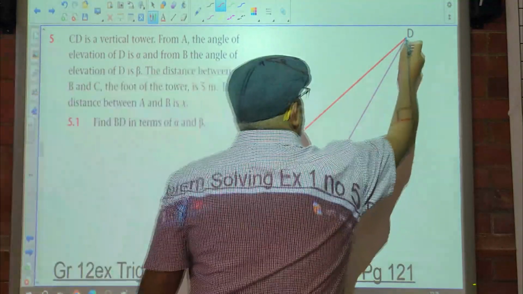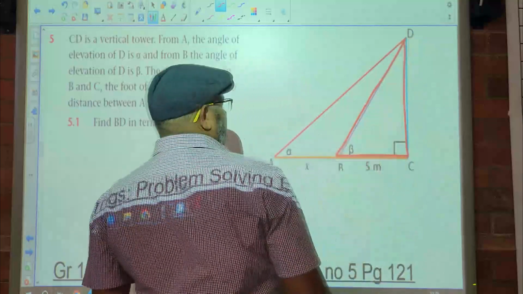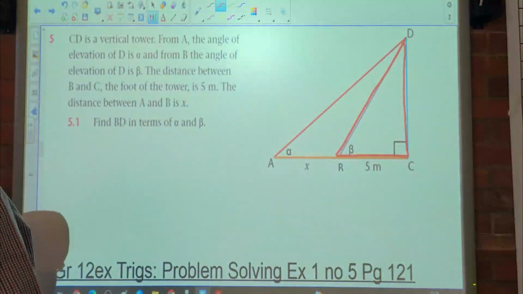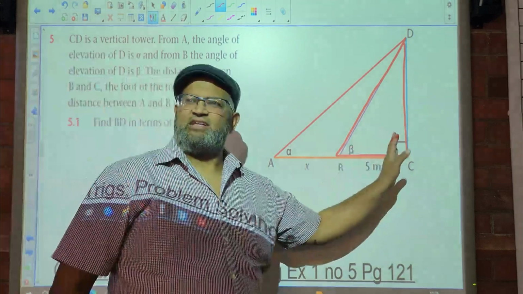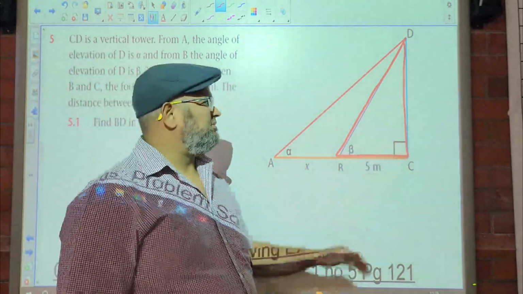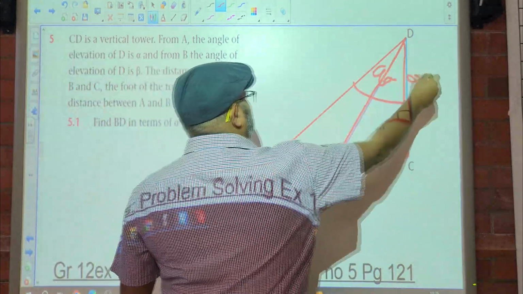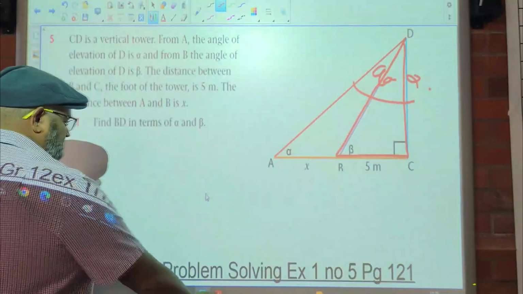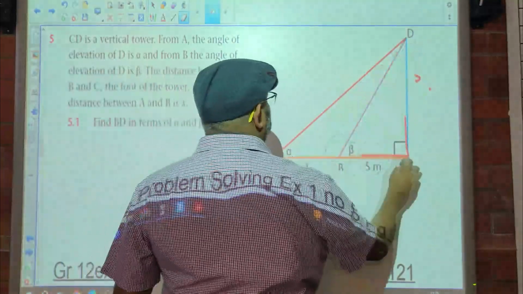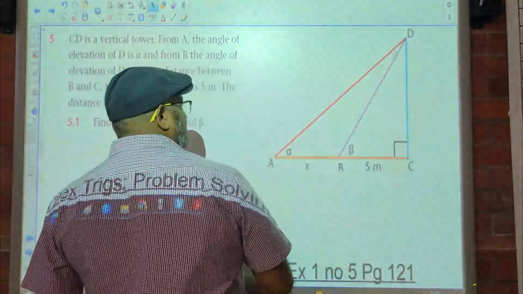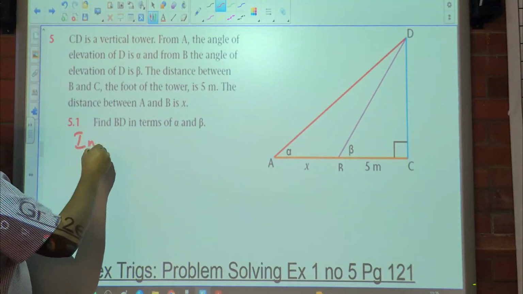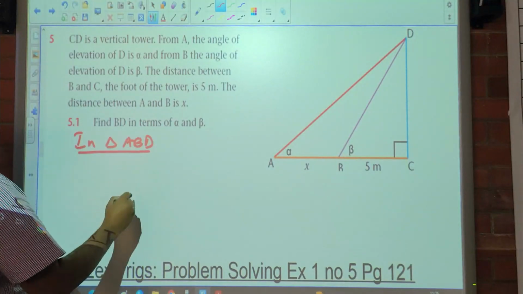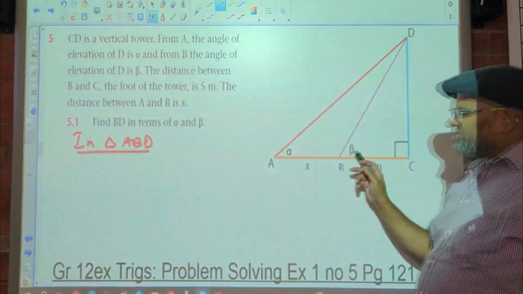Now, if you're looking at this triangle here, will I be able to pick up alpha in that triangle? No. Remember, this whole angle is 90 degrees, so it's not going to help us. So I'm in fact not working with that triangle. Can you see that? It's definitely triangle ABD. So in triangle ABD, you see this is beta.